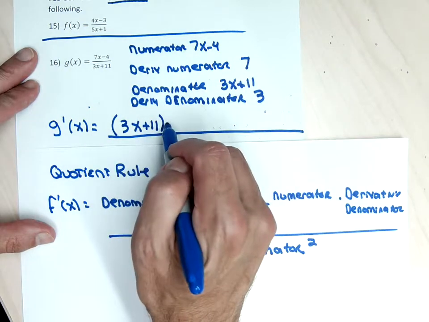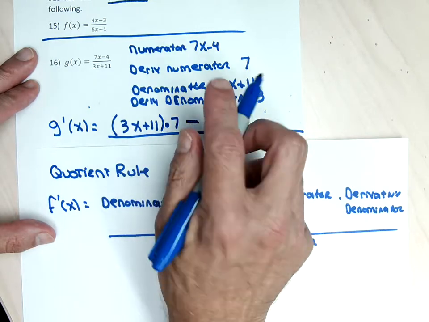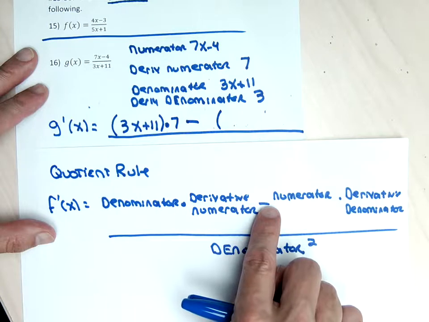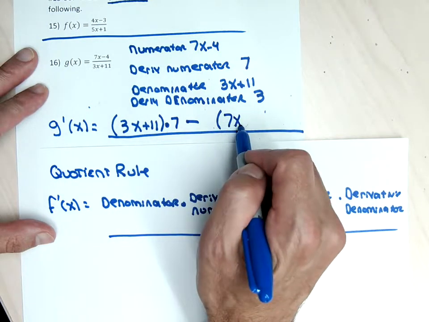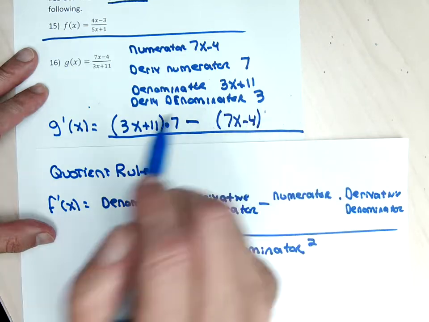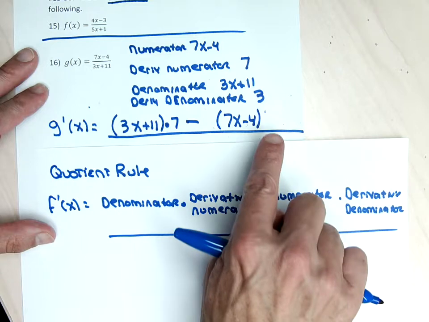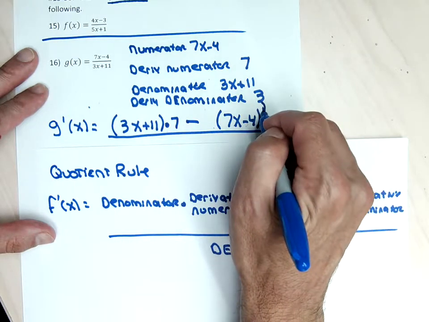The derivative of the numerator is 7. And then minus the numerator, 7x minus 4. So the second piece goes after the minus sign. It's a binomial, so it needs parentheses, times the derivative of the denominator. The formula says to put the 3 right here.